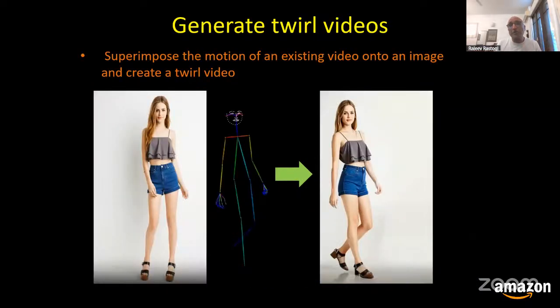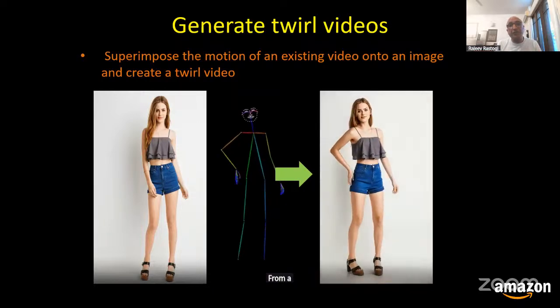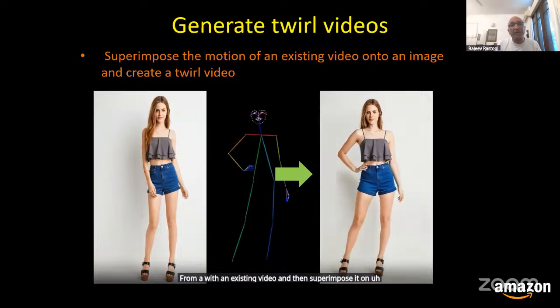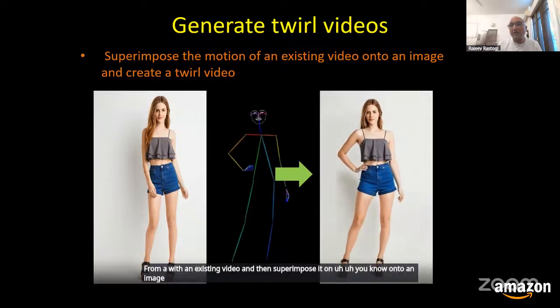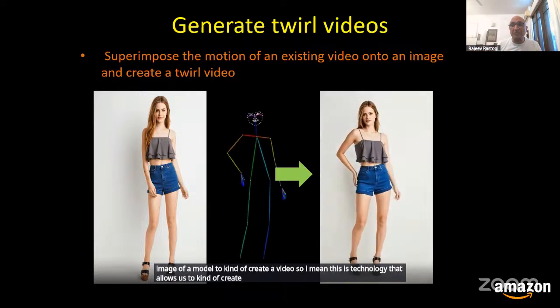We can also extract a motion from an existing video and then superimpose it onto an image of a model to create a video. So, this is technology that allows us to create videos out of images, right?